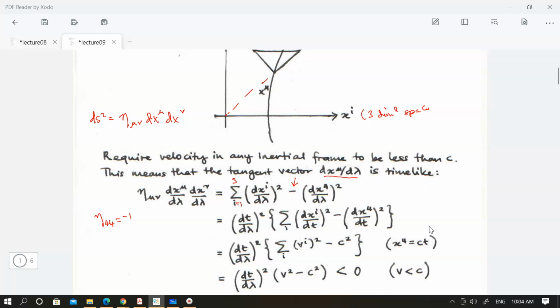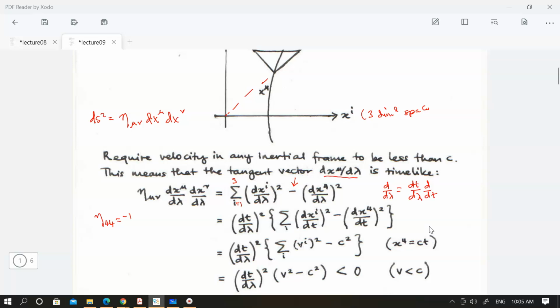So essentially we use a chain rule, d lambda, dt. In other words, we have this quantity multiplying this derivative on all terms, and then you square it.